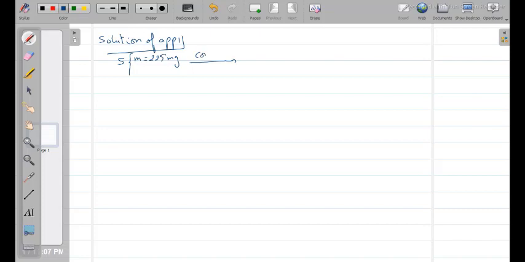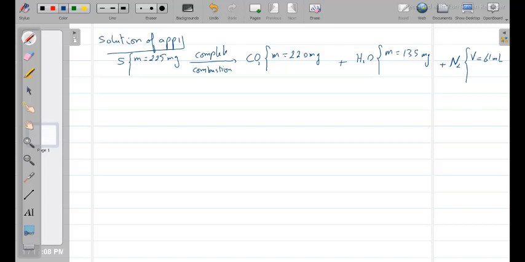The complete combustion of this mass of S produces CO2 of mass 220 milligrams, water vapor of mass equal to 135 milligrams, and nitrogen gas N2 of volume equal to 61 milliliters in conditions where the molar volume Vm equals 24.35 liters per mole.